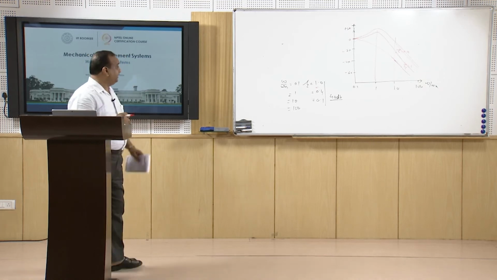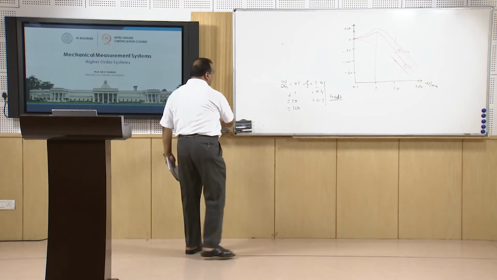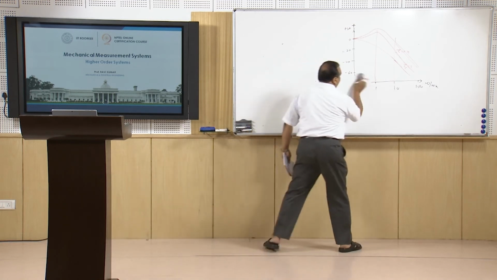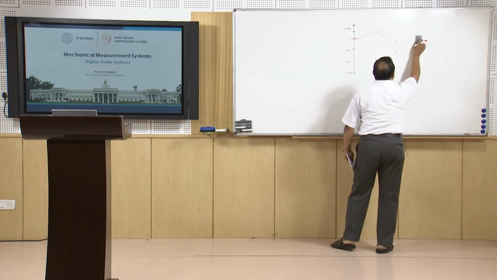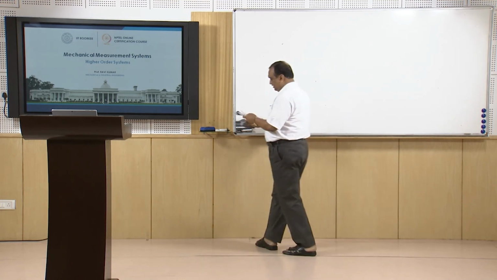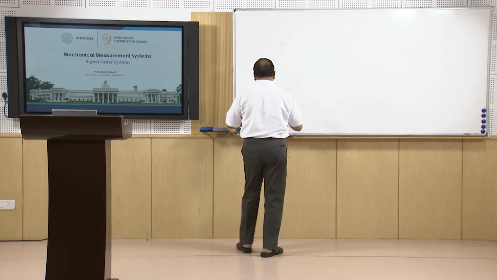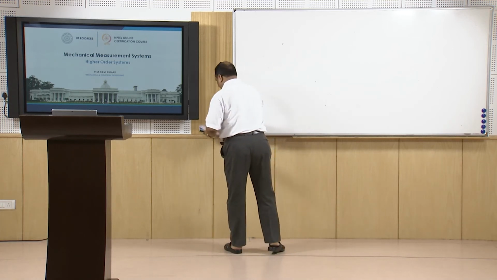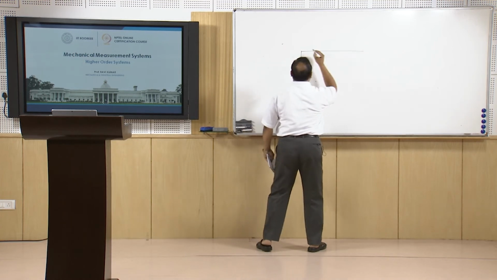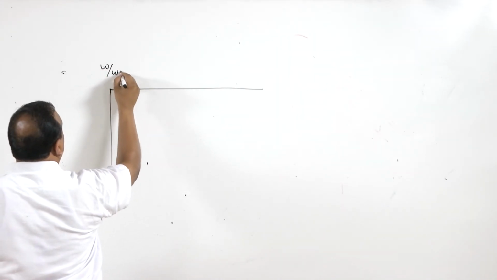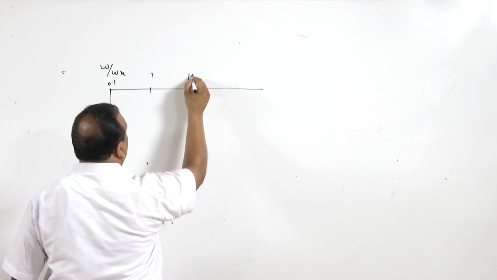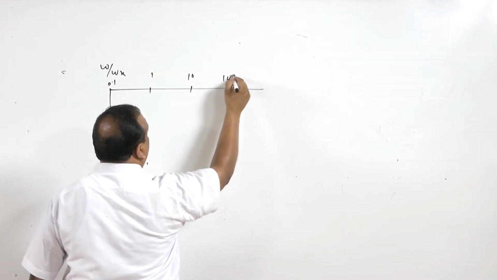And regarding the phase curve, now this was about the amplitude. For phase, the phase angles will be simply added. So when the phase angle is added, we have the value of phi against omega by omega n, starting from 0.1, 1, 10, 100 and so on.